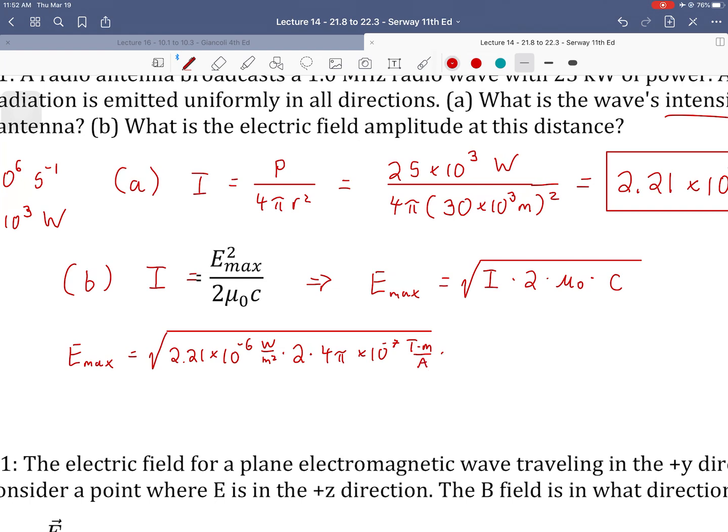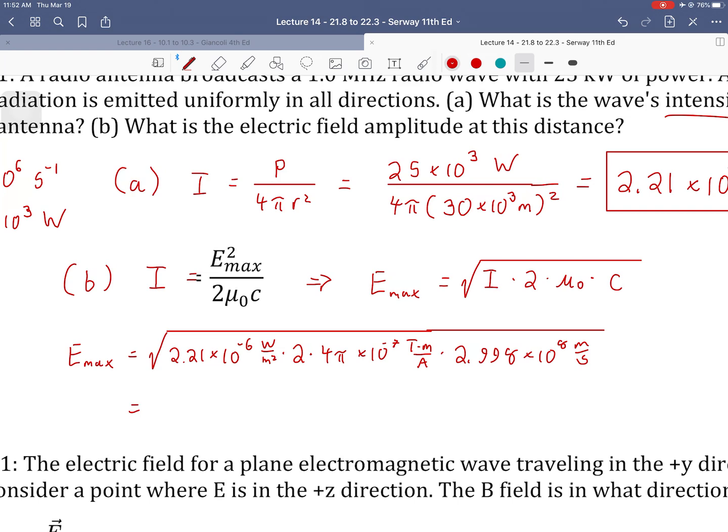Then we'll multiply the speed of light, 2.998 times 10 to the 8 meters per second. And since this is electric field strength, it's energy per charge, so joules per coulomb, or it can also be volts per meter. We'll go with volts per meter, which is kind of the best representation of electric field strength.